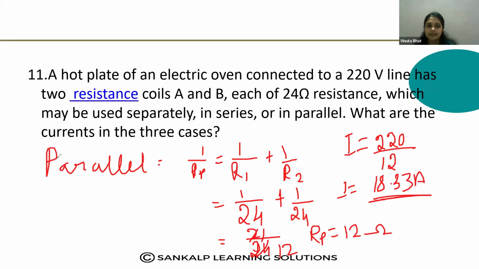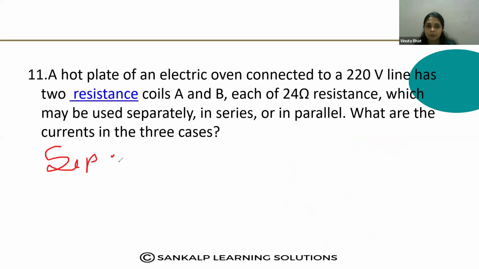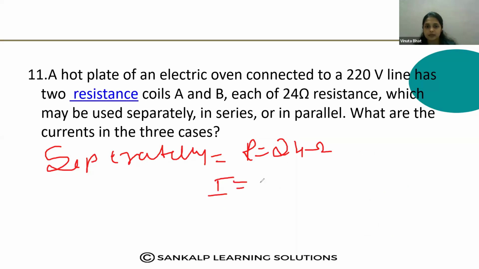And third, when it is connected separately, the total resistance is 24 ohm. So here you have to find out I, I is equal to V by R. So I is equal to V, that is 220, divided by 24.